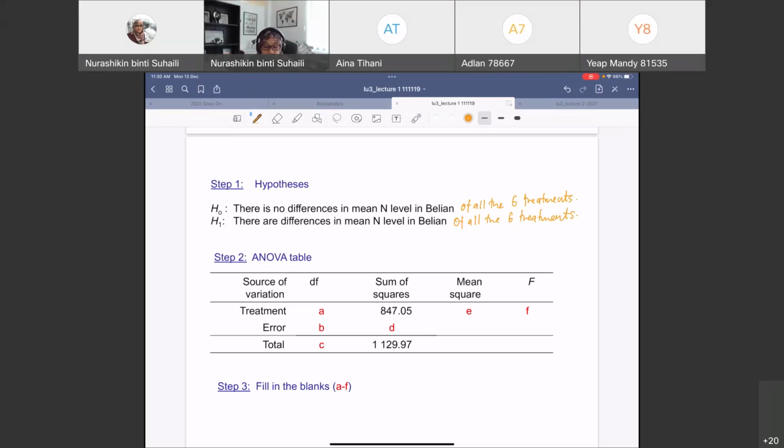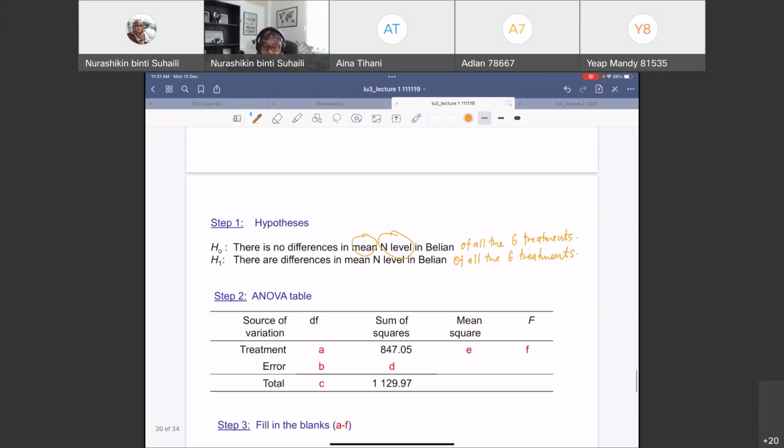Kalau macam ni, the null hypothesis always says that there is no change, no difference. So you are comparing the mean again, right? So the mean of N level. See how specific it is when you have to construct the hypothesis. So the null hypothesis says that there is no difference in the mean N level in Belian. You just copy from the problem, of all the 6 treatments.